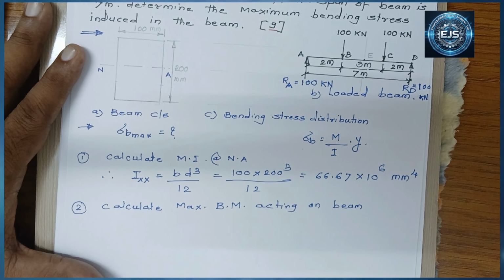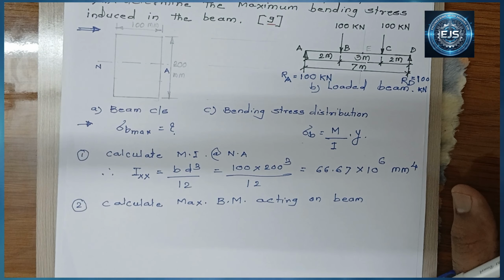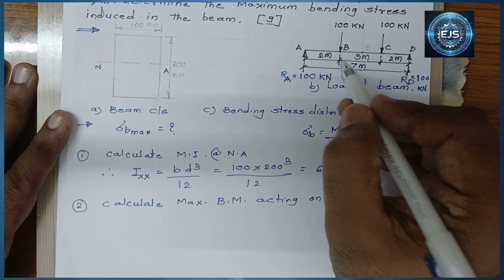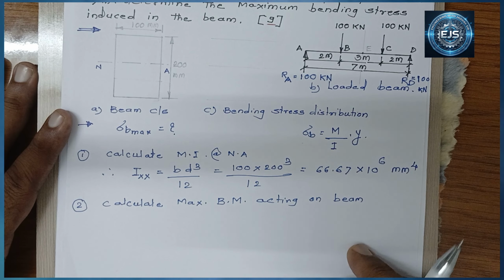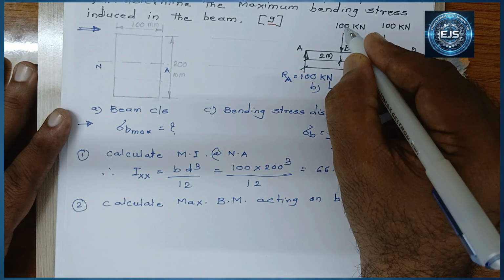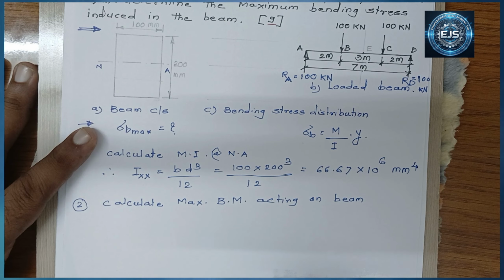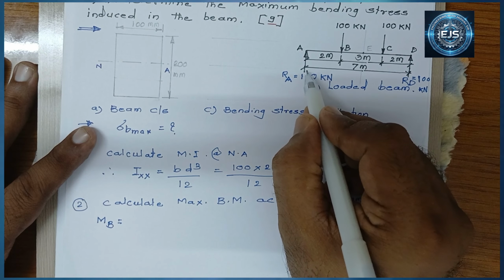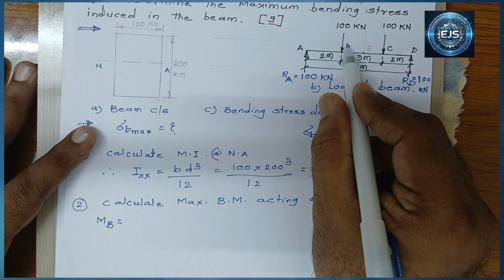Now we have to consider the section at the center of the beam and find out the maximum bending moment value. Here we can see that the A end and D end are supported ends, so the bending moment value at A and D is 0. Now we have to consider the section at B and consider the left part of the section. So the bending moment acting at section B is equal to 100 kN, the reaction, into the distance of that reaction from point B, which is 2 meter.